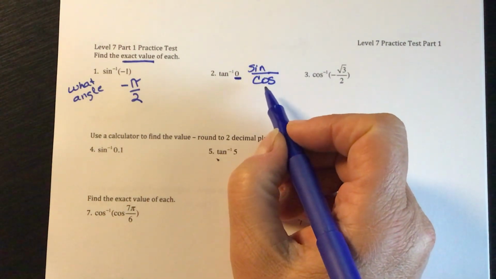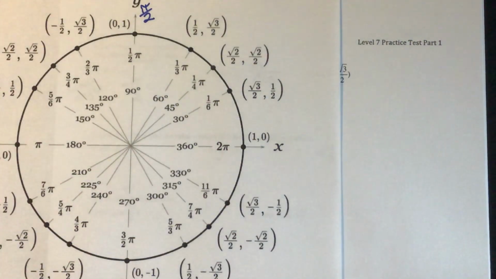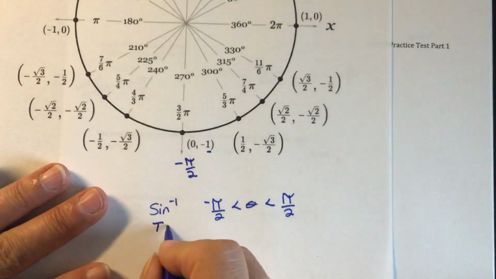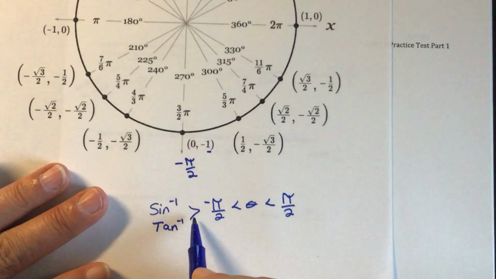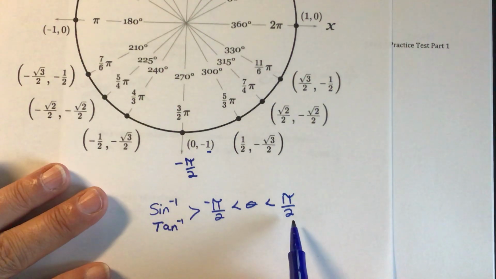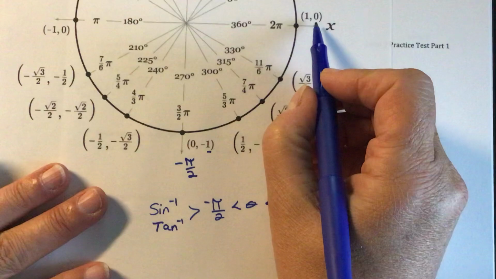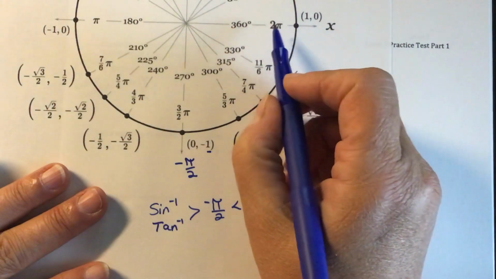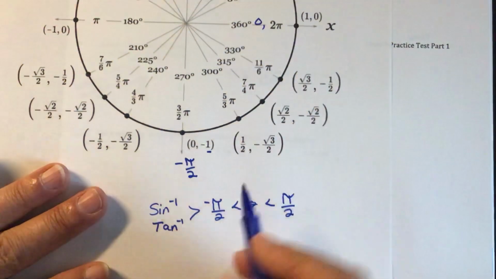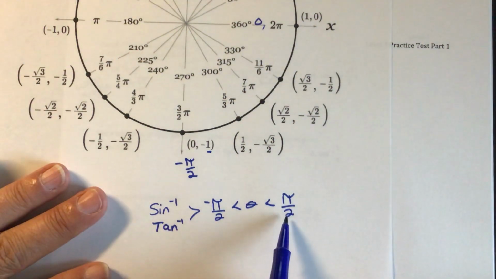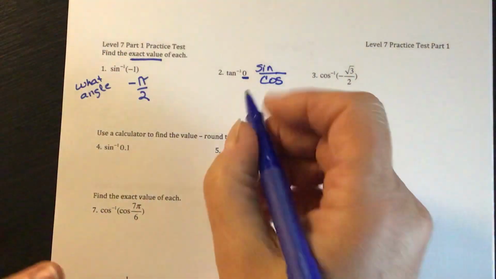So we're looking for sine of 0, and again, tangent has to be between -pi over 2 and pi over 2. So sine is 0. That would be this angle right here. Now, it could be 0 or 2 pi, but only 0 is between -pi over 2 and pi over 2. So this value is 0.